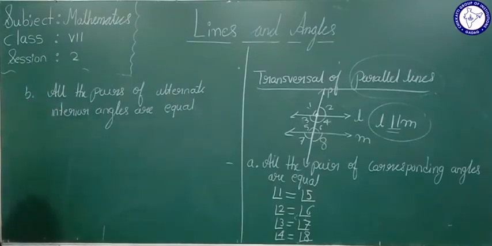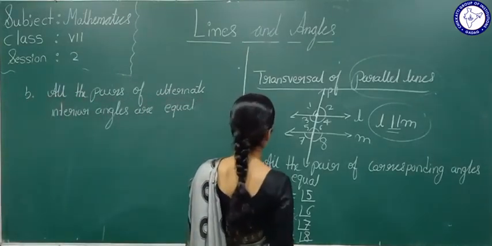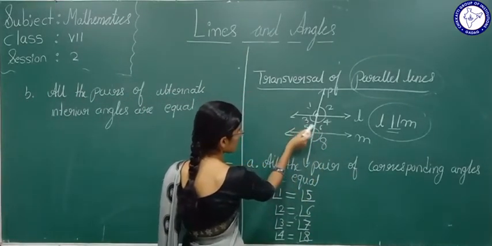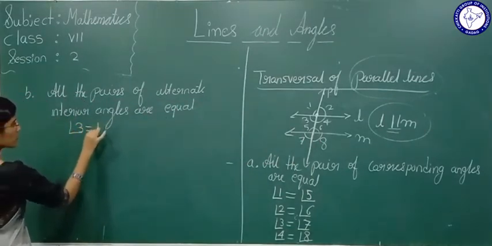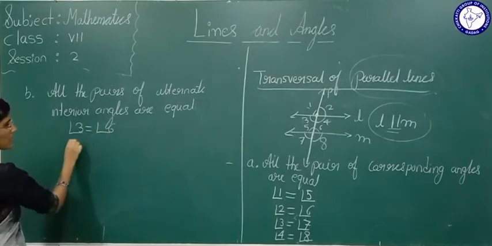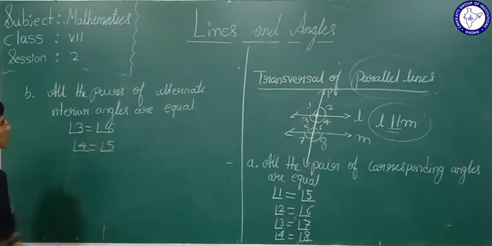So all the pairs of alternate interior angles are equal. Now see here, all the pairs of alternate interior angles: angle 3 is equal to angle 6, angle 4 is equal to angle 5.